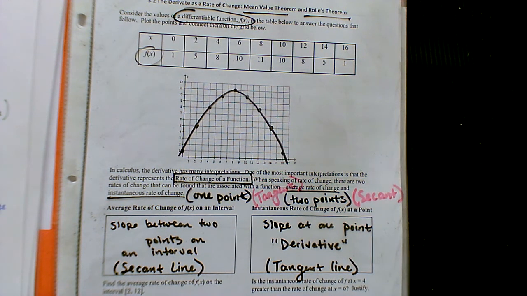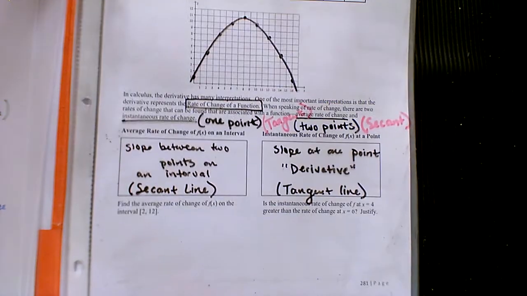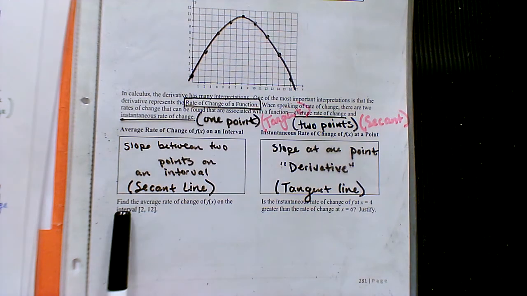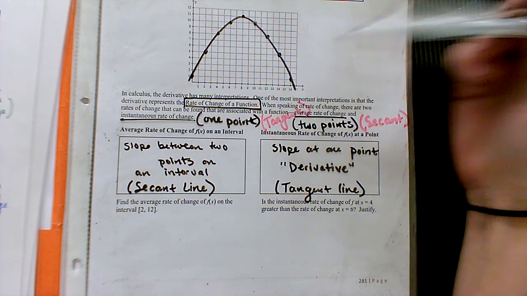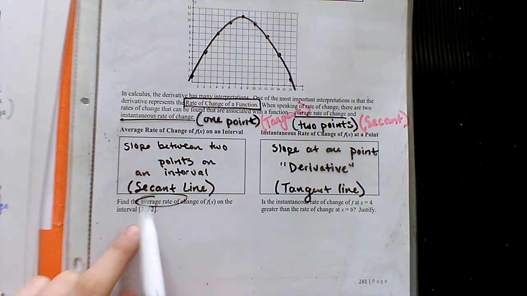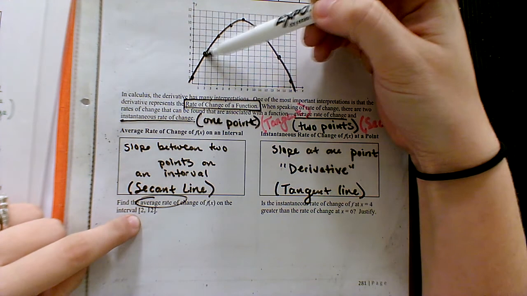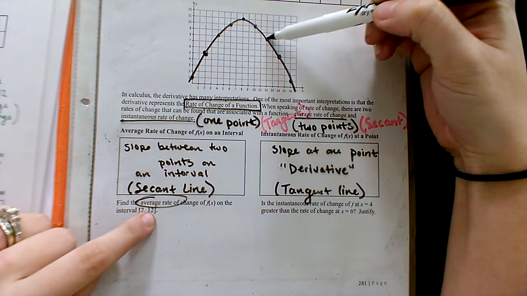Okay, so let's go ahead and see if we can calculate or at least find some of these values beneath these boxes. So for the first one, find the average rate of change for this f of x function on the interval from 2 to 12. So average, meaning over time, okay, how fast is this function changing? So if it's an average, we're going to find the slope between 2 points. Graphically, we're going to take the point at 2 and the point at 12.